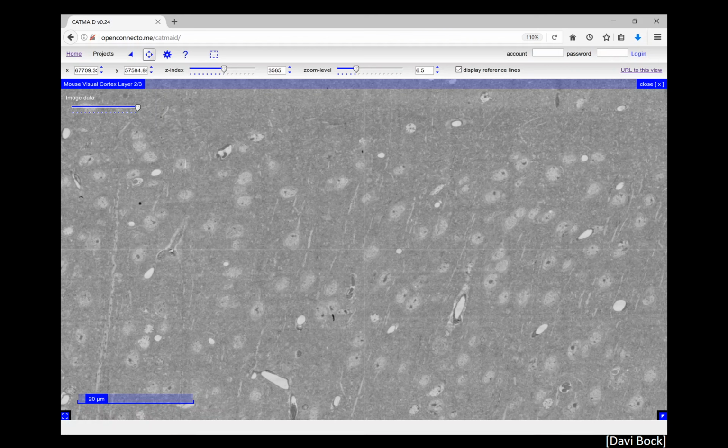So he's one of the people who really made a difference with their PhD work. He built an electron microscope, which was 2 or 3 stories high, and could image sizes of tissue that were not accessible before. So here we have mouse visual cortex, and I'm now going to zoom in.